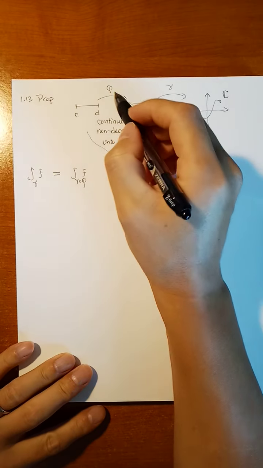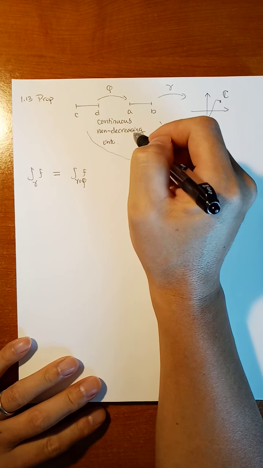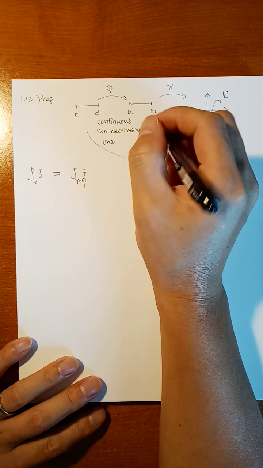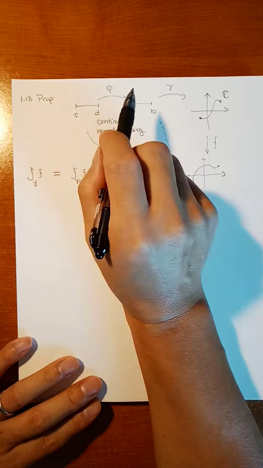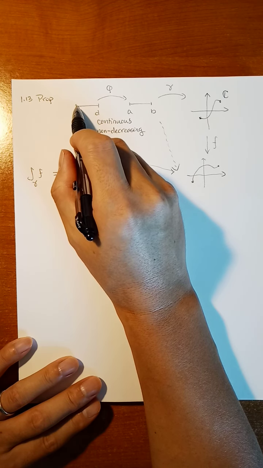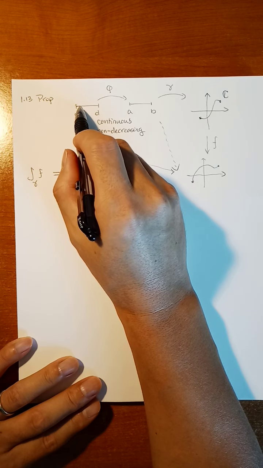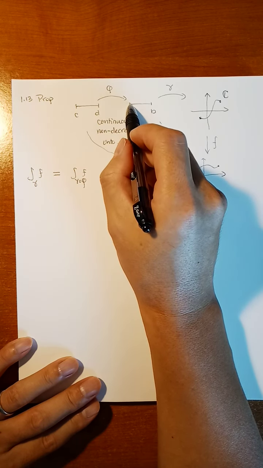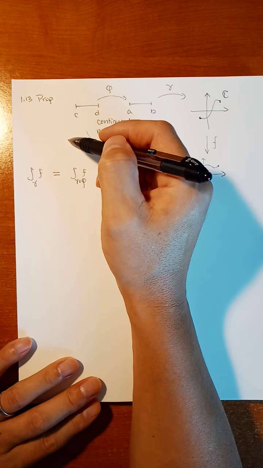In the restriction on phi, we only require non-decreasing. Non-decreasing is slightly weak because it could be constant over a certain interval. For example, it could map a small interval constantly to the point A. If that happens, you cannot go back.